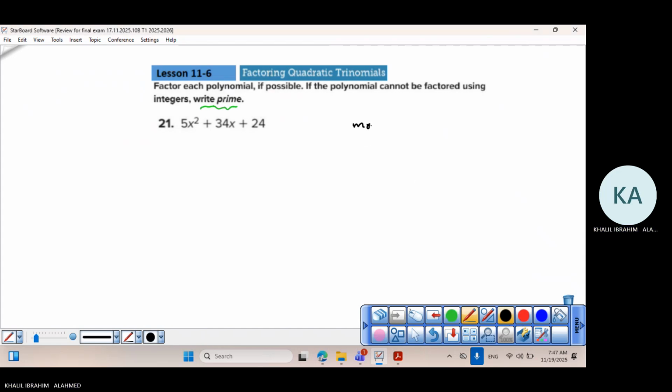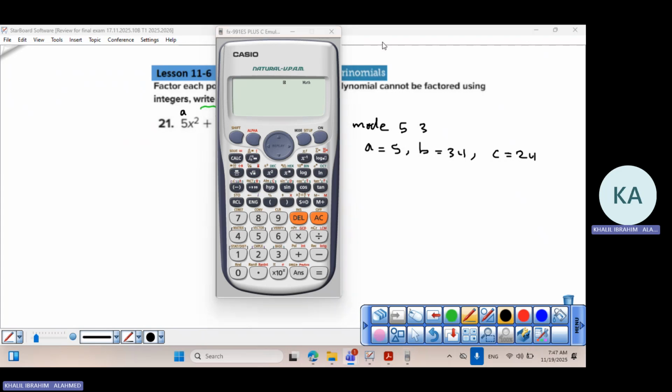Mod 5, 3. Where is A? This is A, this is B, this is C. A equals 5, B equals 34, and C equals 24. You can use a calculator for this equation because the question comes in the final exam as MCQ.